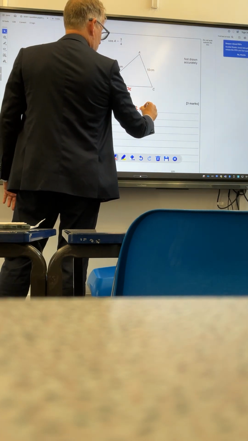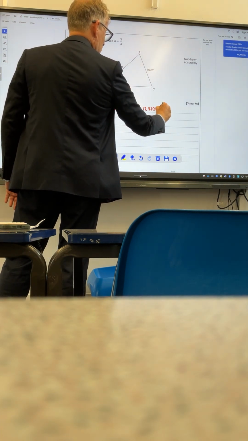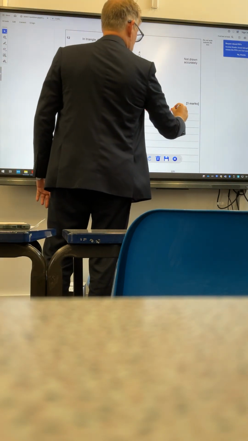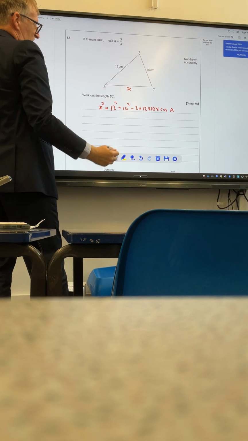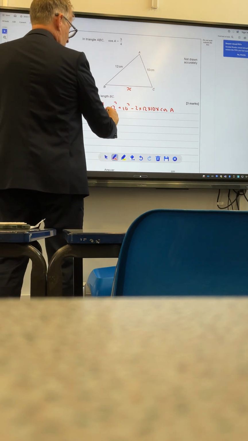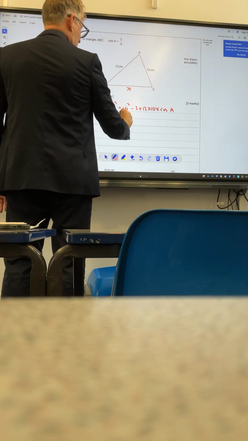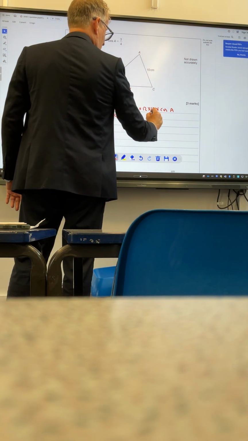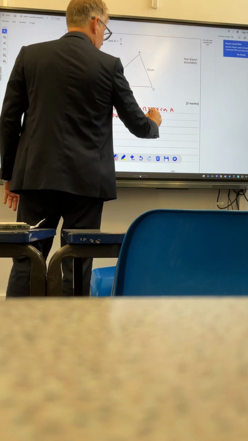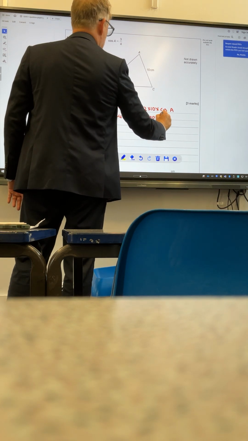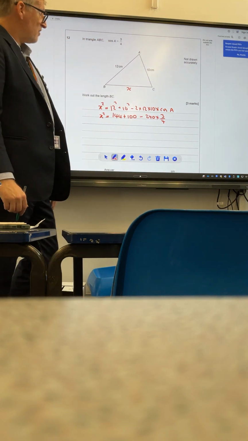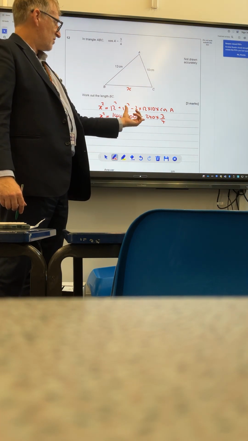Minus 2 times 12 times 10 times cos of A. We know cos of A is 3/4, so it just comes down to working everything out, not making the stupid error of doing it too early.